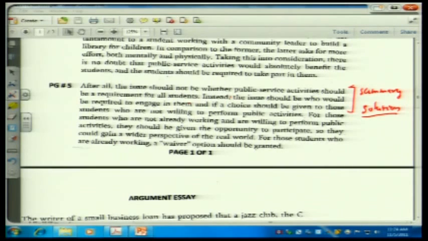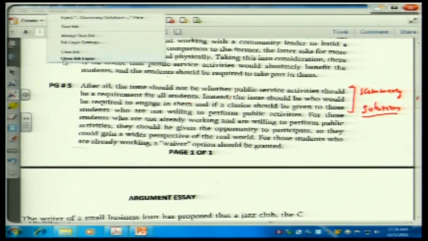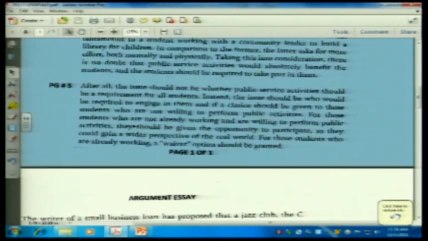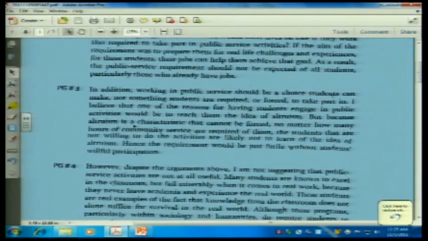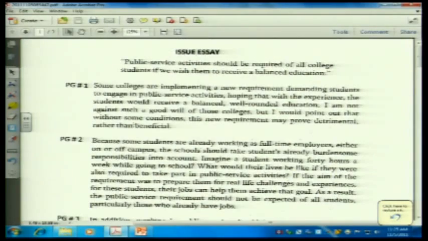So give some kind of solution to the issue and also summarize all the points that you have made. So this is easy, as you can see. So from the whole essay here, what you can see is that first you start with the intro paragraph in which you restate the issue and then follow it up with the thesis statement.